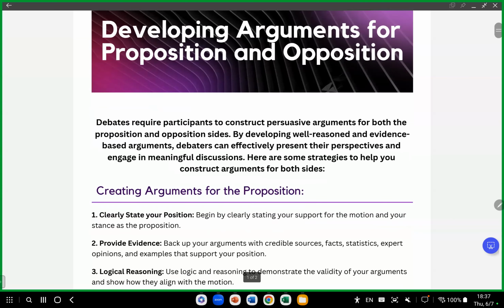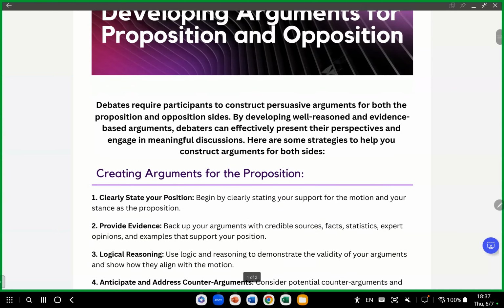So, debates require participants to construct persuasive arguments for both the proposition and the opposition sides. By developing well-reasoned and evidence-based arguments, debaters can effectively present their perspectives and engage in meaningful discussions. Here are some strategies to help you construct arguments for both sides.